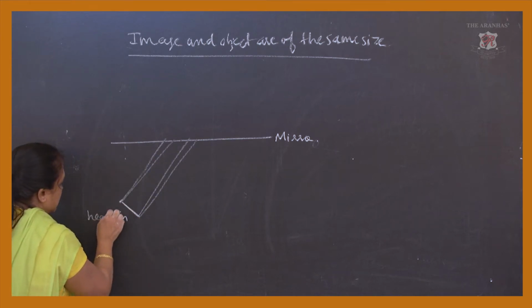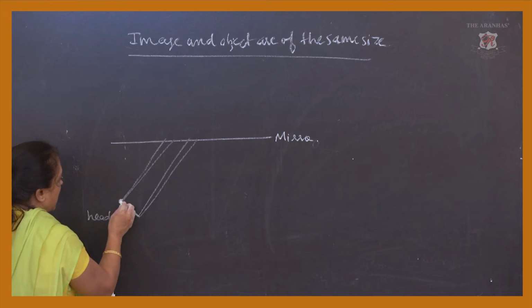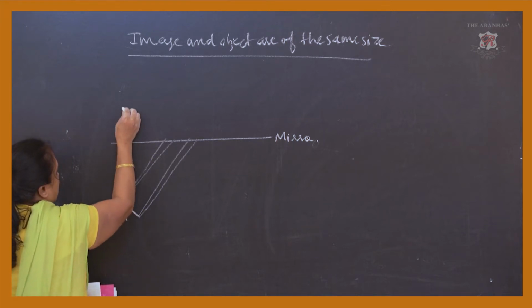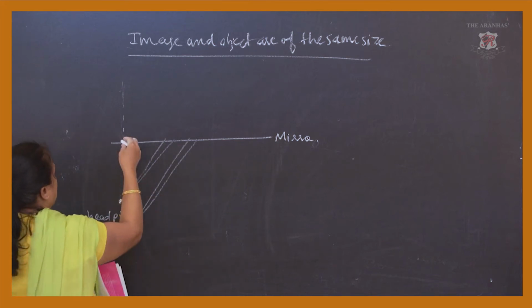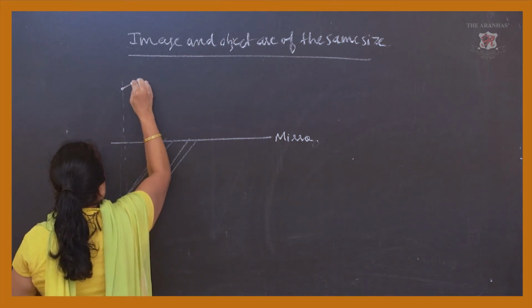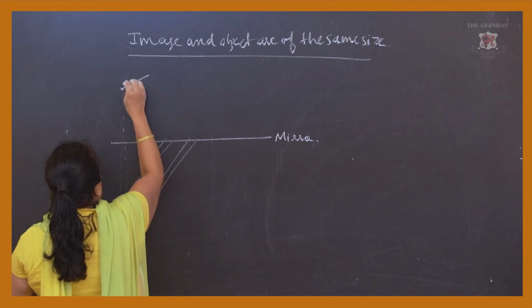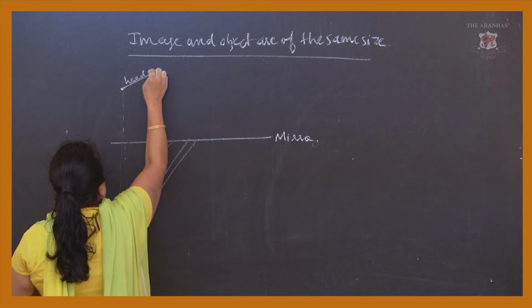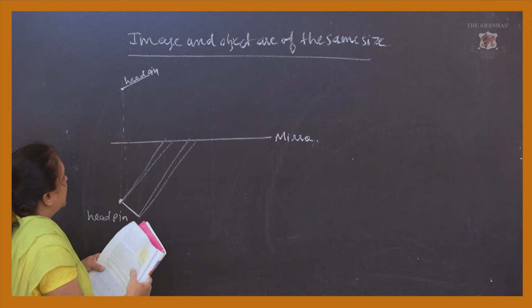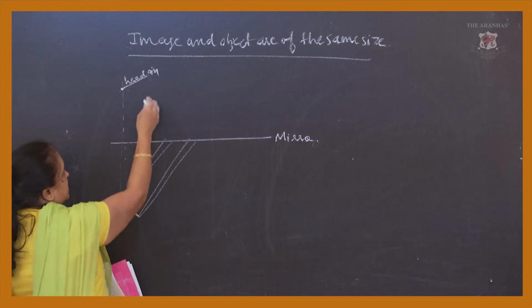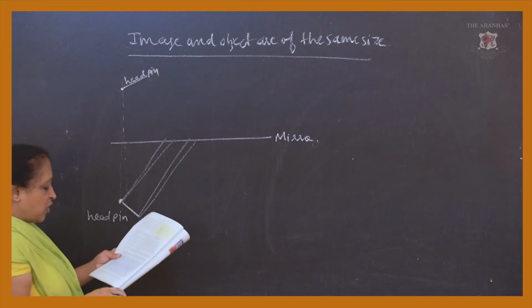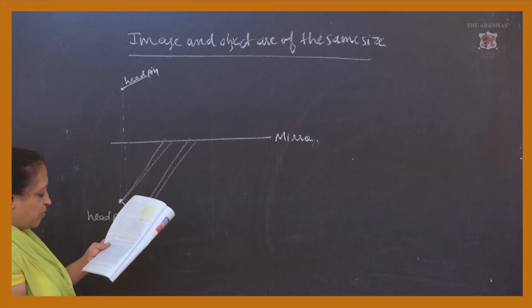This is the head of the pin, and we are getting the image of this object on the upper part of it. Don't forget that the object is of the same size as the image, or the image is of the same size as the object.